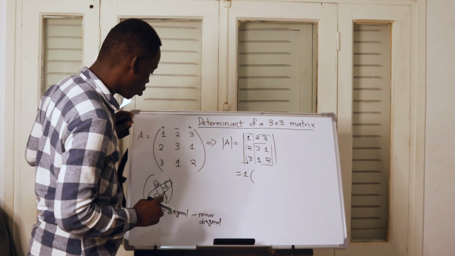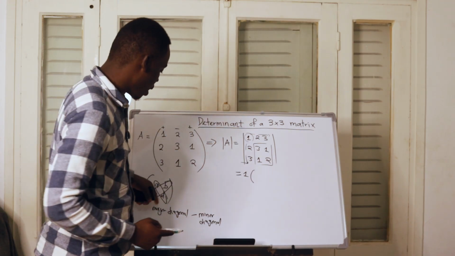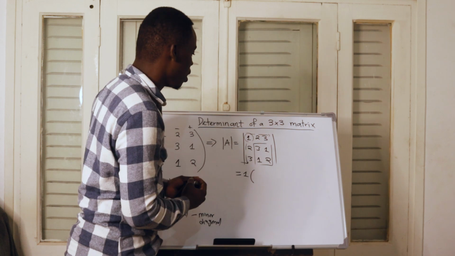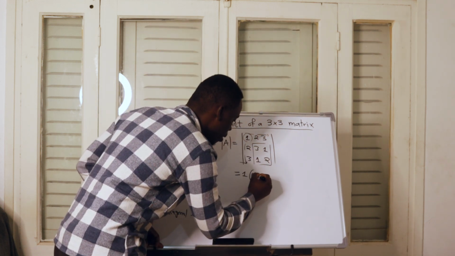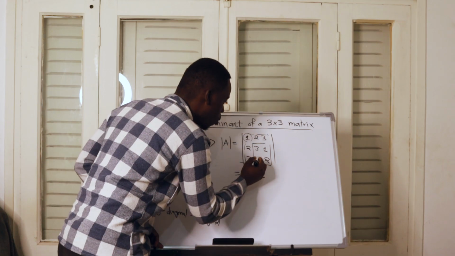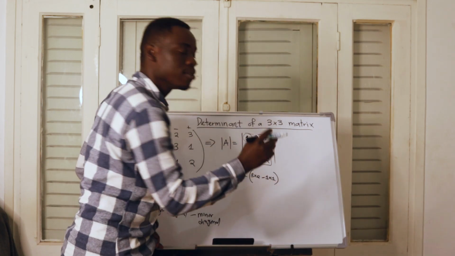That's what we're going to do. So how do you do it? The major diagonal is simply multiply them, same as the minor diagonal. So in our case here, we've got 3 times 2 minus 1 times 1. This is the first part.